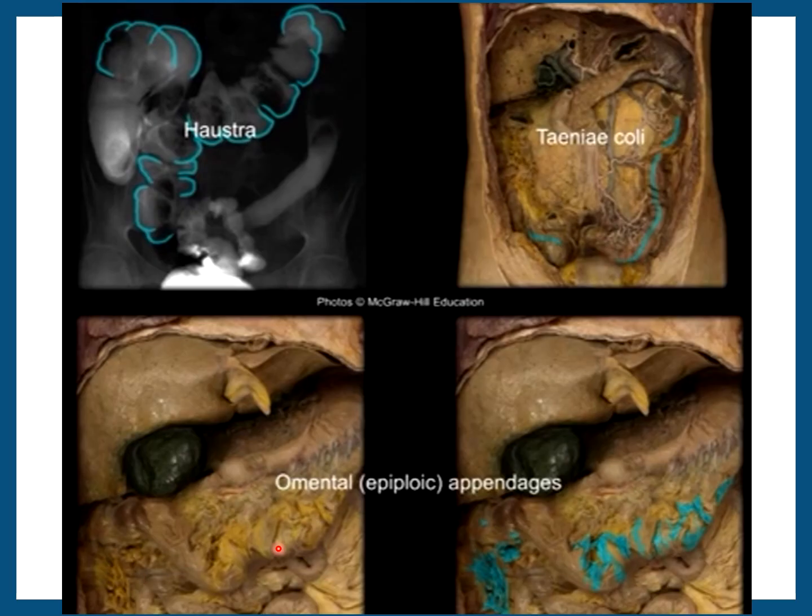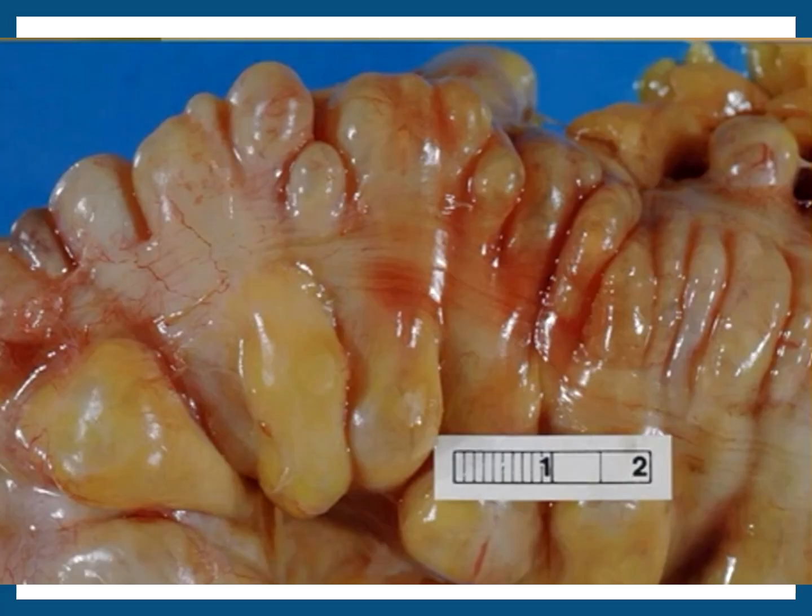So that's what you're seeing there, these omental appendages. And you can see that fat hanging down, and you can see the haustra here. This is that fat right there. And then make note of this wavy longitudinal line here that's going across. That is the teniae coli there, that longitudinal muscle.